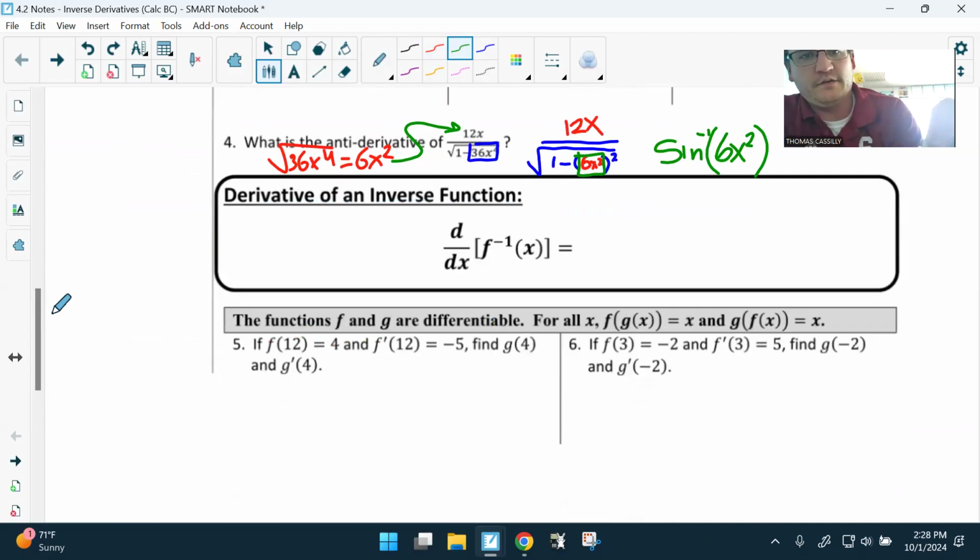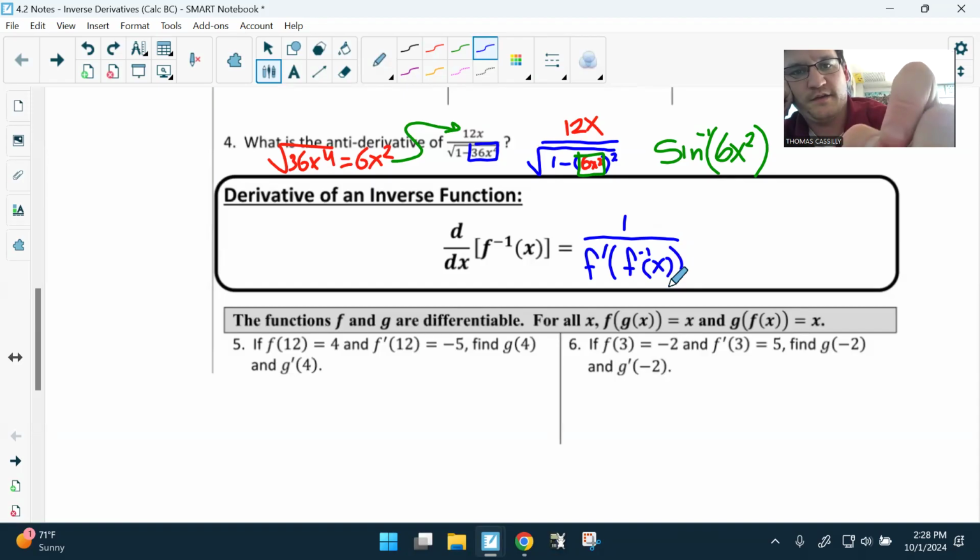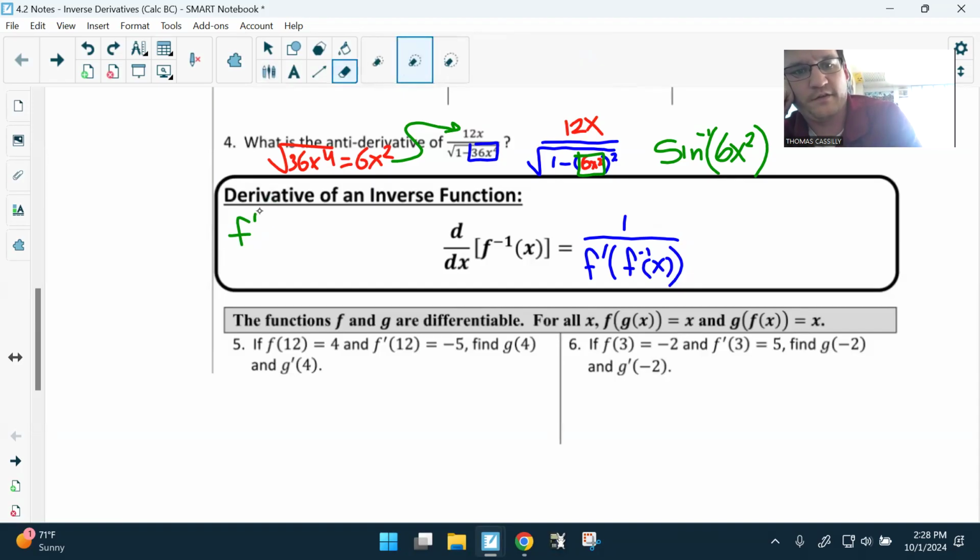I feel like I didn't do you guys justice on this, so I'm going to try to do this again. All right, we said the derivative of f inverse is going to be 1 over f prime of f inverse of x. Sometimes it's easier, instead of having this -1 notation, which does get clunky.